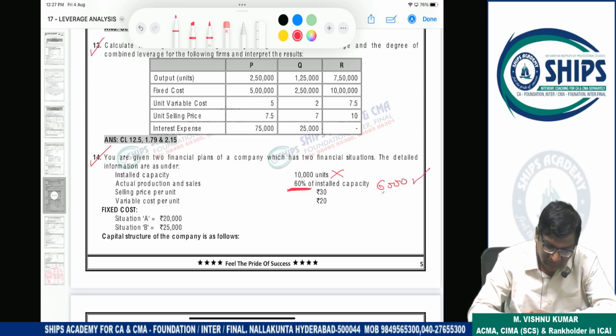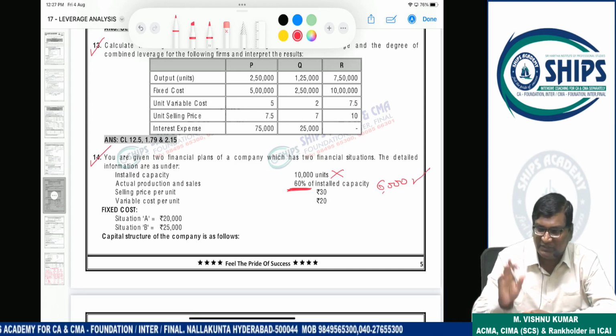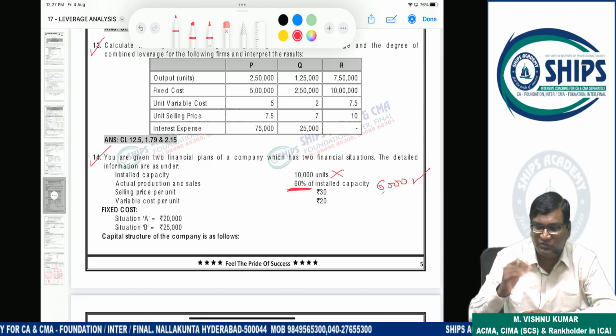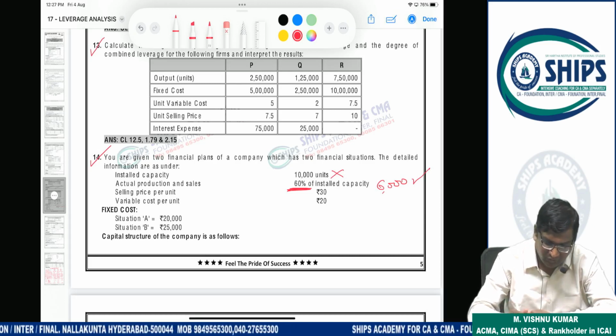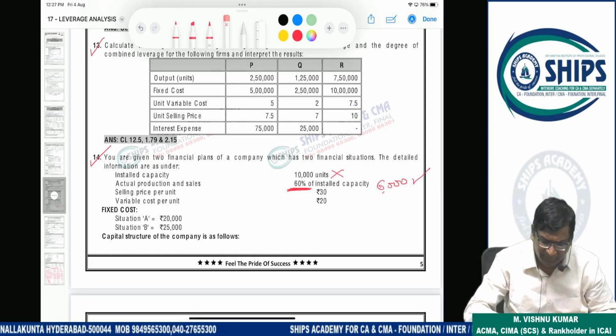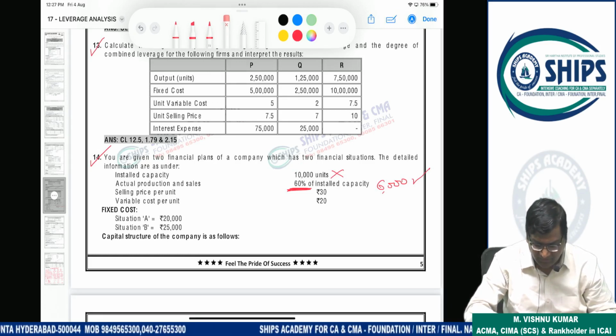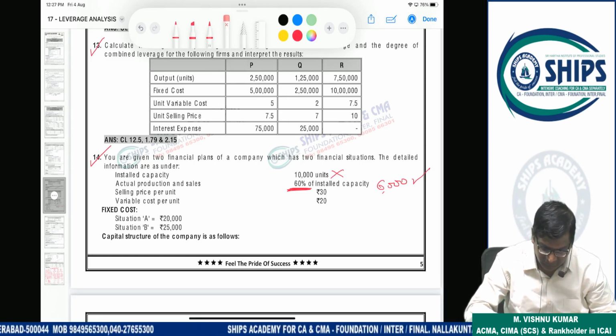See, your fixed cost will be same for 10,000 units also, 6,000 units also. Fixed cost will not change due to changes in the capacities. Only what will change? Variable cost. But we are not preparing the leverage calculation statement for 10,000. Your actual capacity is 6,000.